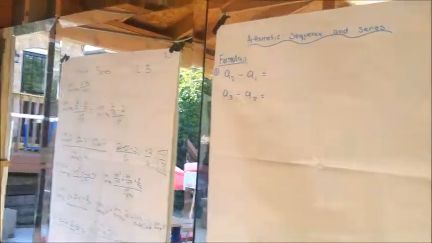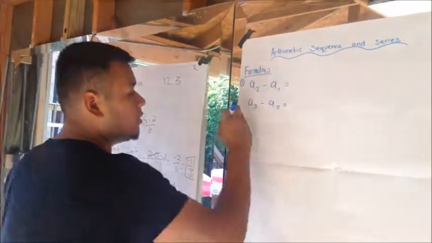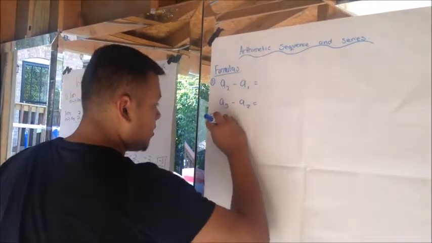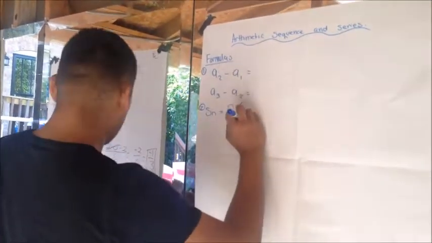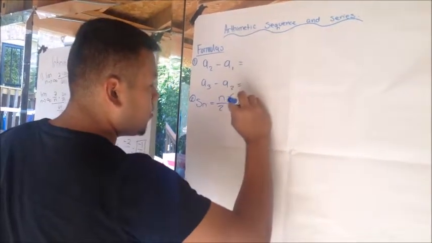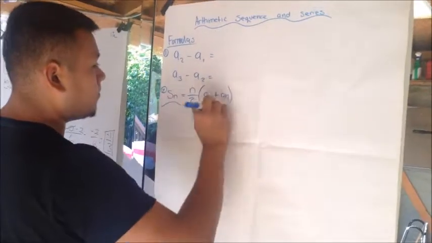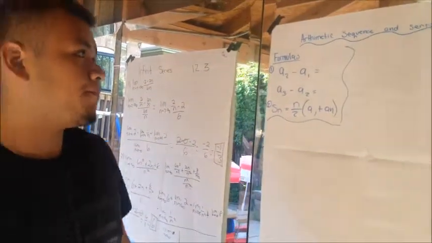That's one way to find the common difference of an arithmetic sequence. Another formula we're going to use today is Sn equals n over 2 times (a1 plus an). So these are the two formulas we're going to be using today.